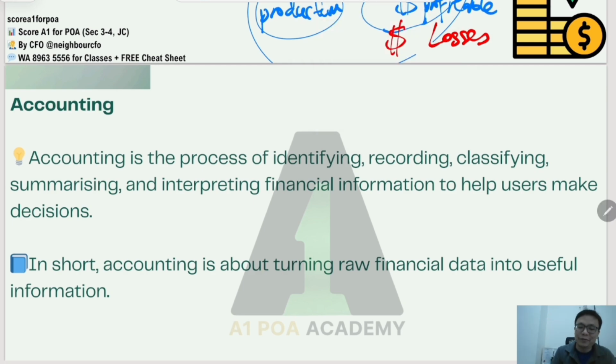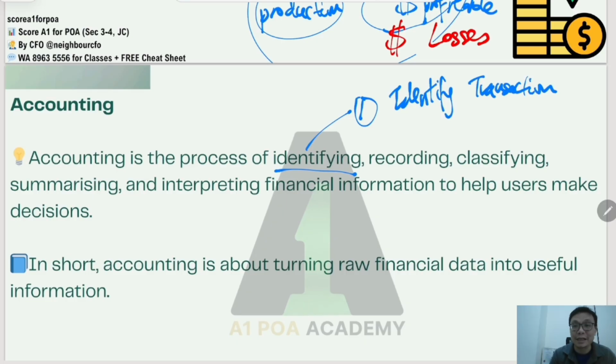So, what will be the first one? The first one is identifying. Accountants always make sure that they identify transactions. So you identify business transactions; those non-business related transactions we wouldn't even track.